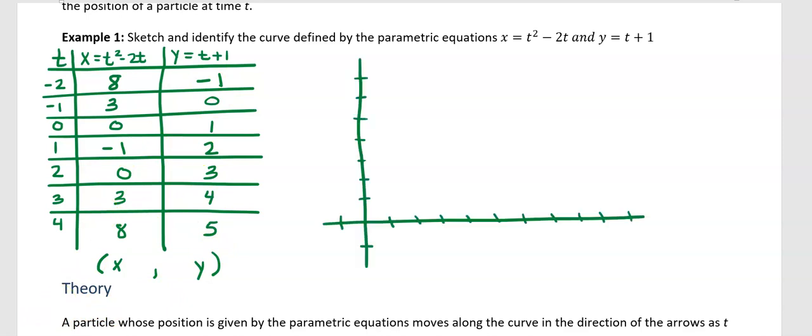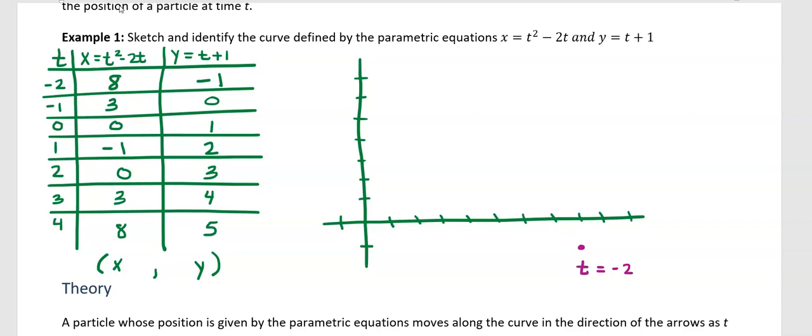So here we have a coordinate plane that we're going to plot the ordered pairs on. And as you plot the ordered pairs, try to mark the t value for each of the points. So for example, the first one is 8, -1. So here's 8, -1, and that is for t equal to -2.